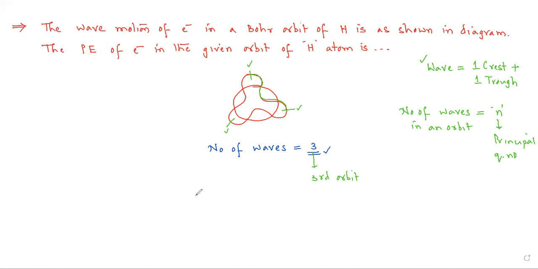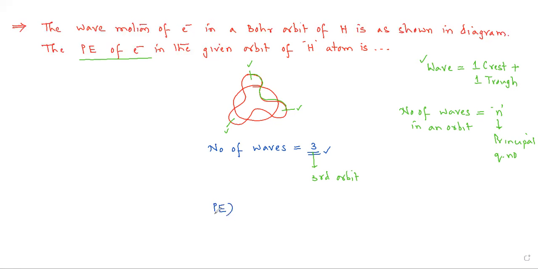So this is most important because the number of waves is 3. You know, the principal quantum number n is equal to 3. Now this is what we'll be using while calculating the potential energy of electron in this particular orbit.